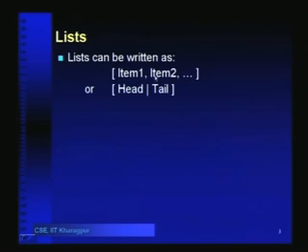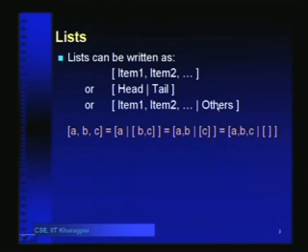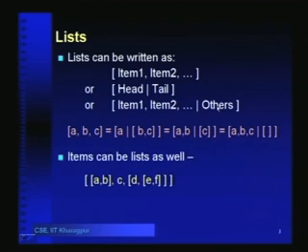You can have item 1, item 2, etc., or you can have head followed by tail. You can have item 1, item 2 and then a list. Whatever comes after this bar is another list, which is the rest of the original list. And then we had seen that items in the list can in turn be lists themselves.